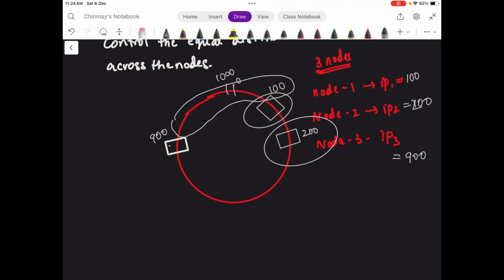More keys will fall under node 3. This is a drawback. That means the distribution of nodes we can't control. At the same time, equal distribution of messages also we can't control. That is the drawback of consistent hashing.